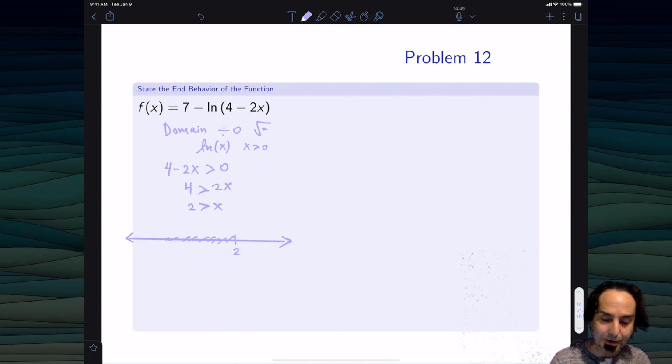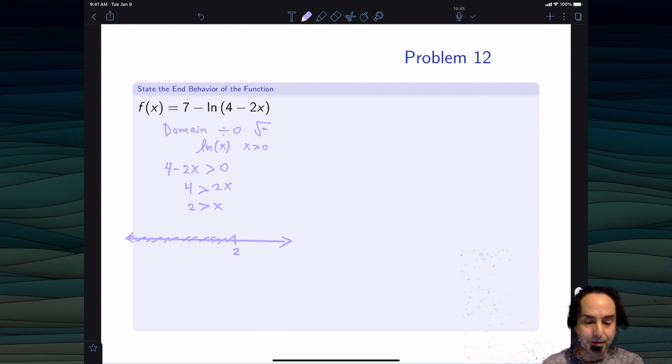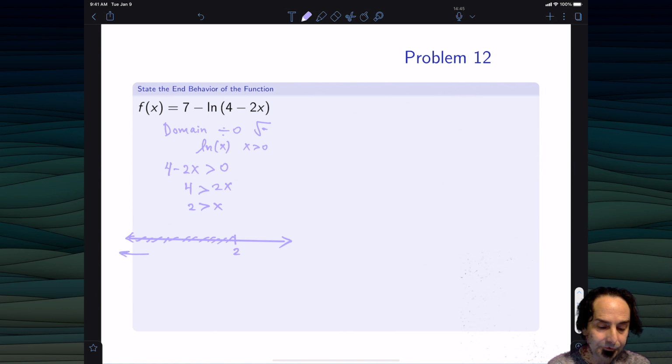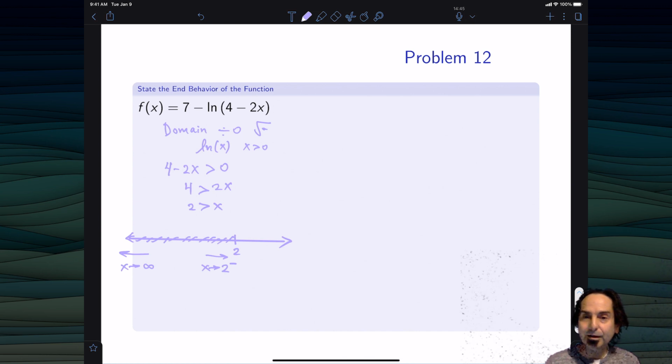So here is the domain. And that means that the end behavior is going to be in this direction, x goes to negative infinity. And also this behavior, x goes to 2, but we have to approach it from the left, so we'll put a little minus sign in the exponent.